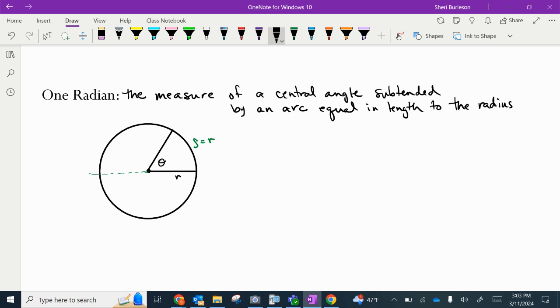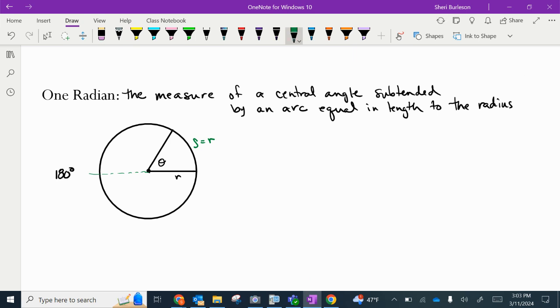This is a new unit of measure for angles that you will be using exclusively in calculus and when we get back from spring break. Okay. So this rotation here, how much in degrees is that rotation from here to there? That's 180 degrees, correct?